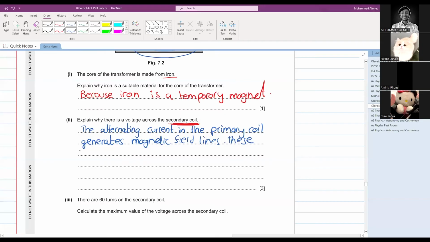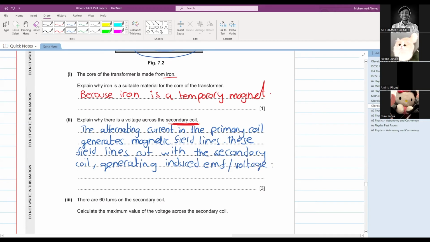These field lines cut with the secondary coil, generating induced EMF or voltage. Perfect. Simple as that. Nothing complicated here.